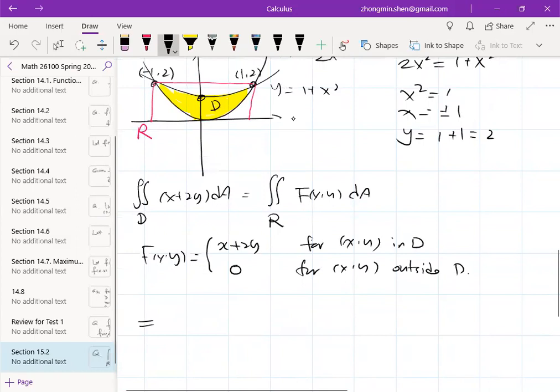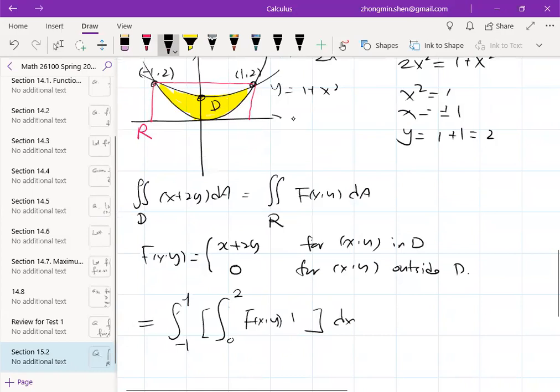So I think I'm going to put x outside and y inside. You can tell why, because it's easy to figure out the interval. And from here, you see, x is from -1 to +1, right? Now, at the very beginning, I still use 0 to 2, okay?